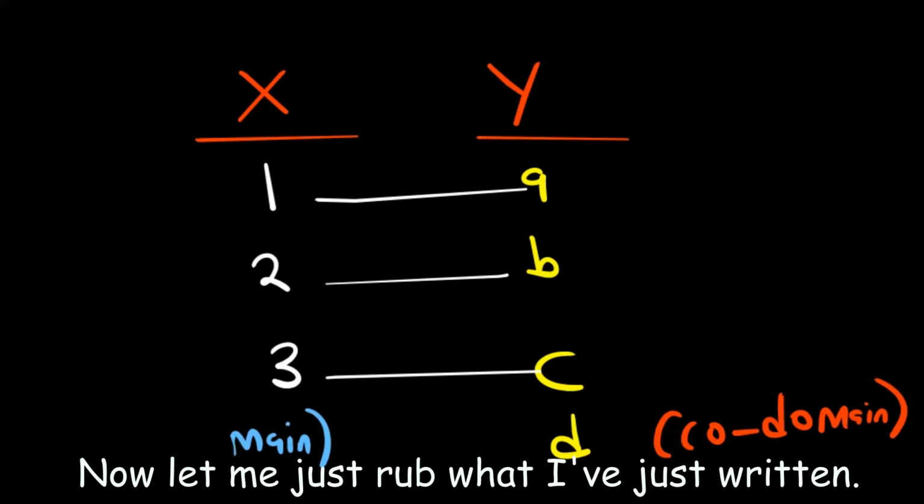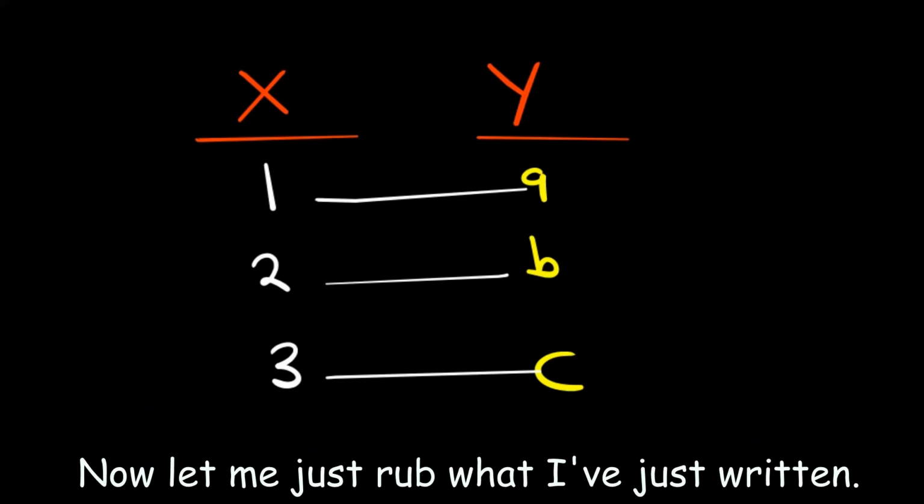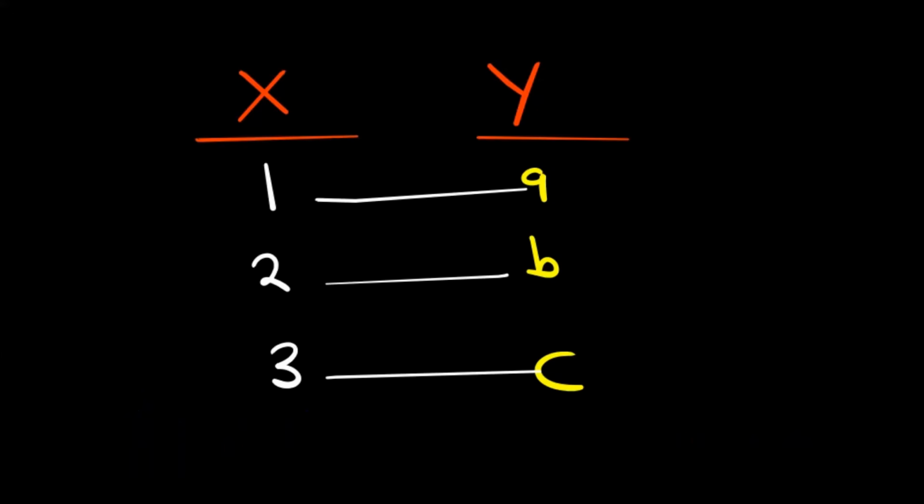Now let me just wrap up what I've just written. If we have this function where all the elements in x have got some element in y, such a function is called a one-to-one. We're able to see that each x value is mapped to one y value.